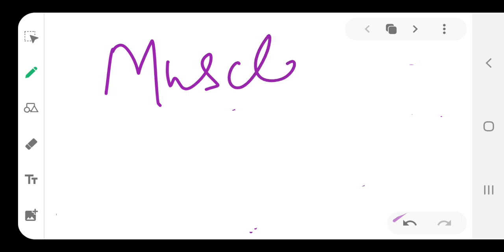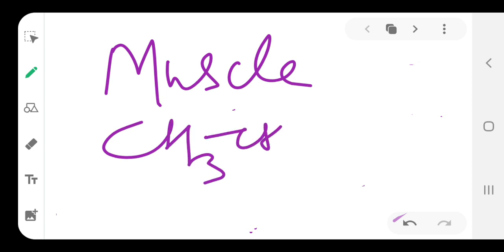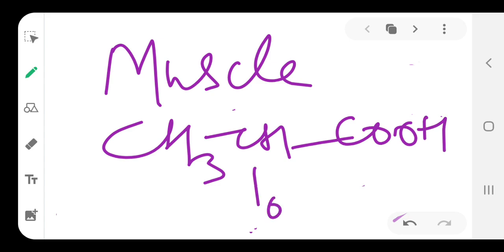In case of our muscle cells, the same pyruvate is broken down into a compound called lactic acid. Check out the word lactic acid, and write down the formula for lactic acid, CH3CHOHCOOH.